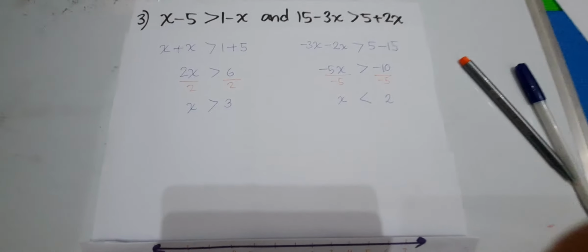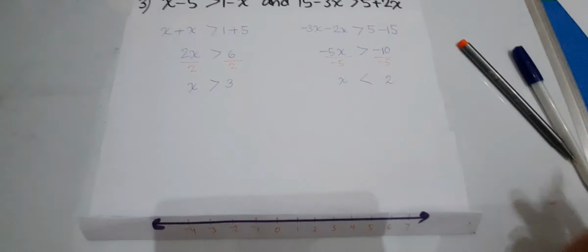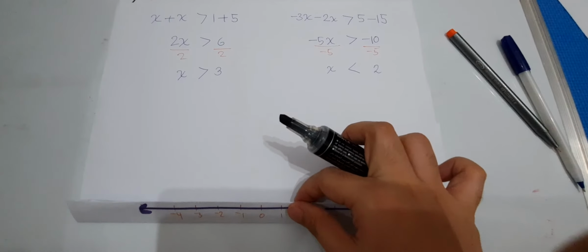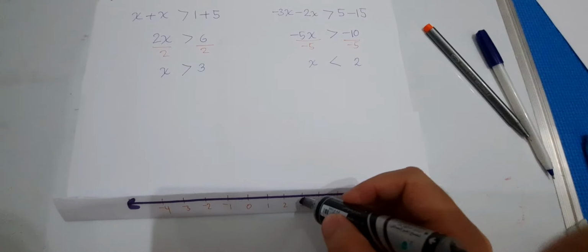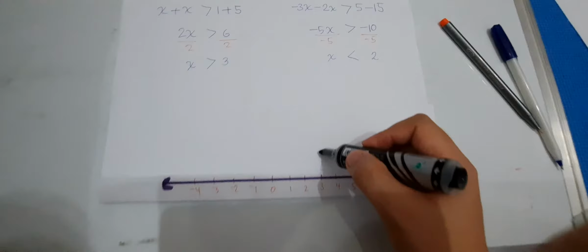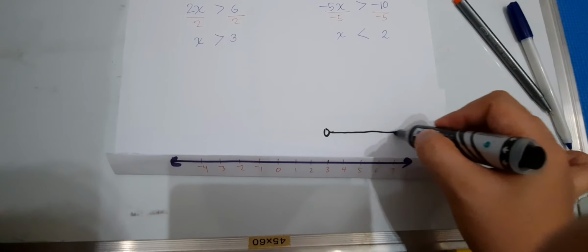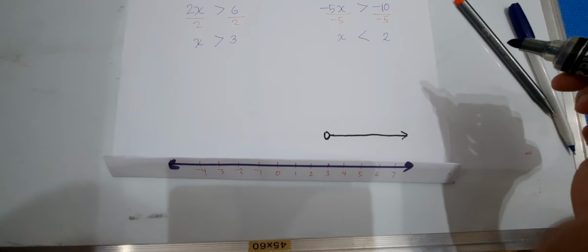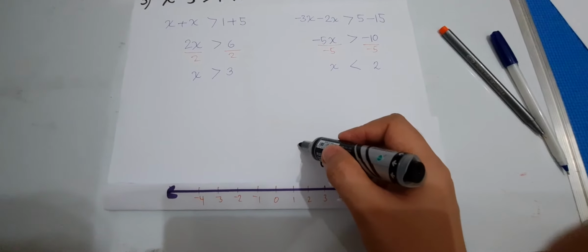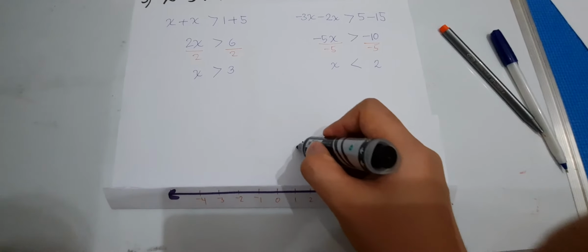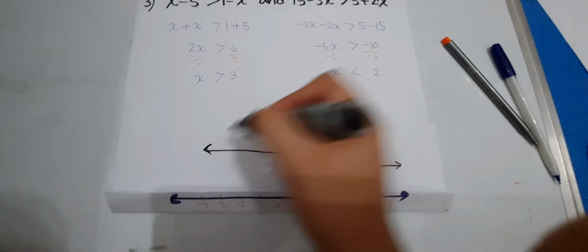Okay, let's put it on our real number line. So this is our real number line. First, greater than 3. So this is your 3. Greater, going to the right here. Okay, next 2. Where is 2? This is your 2, going to the left. Okay, question.